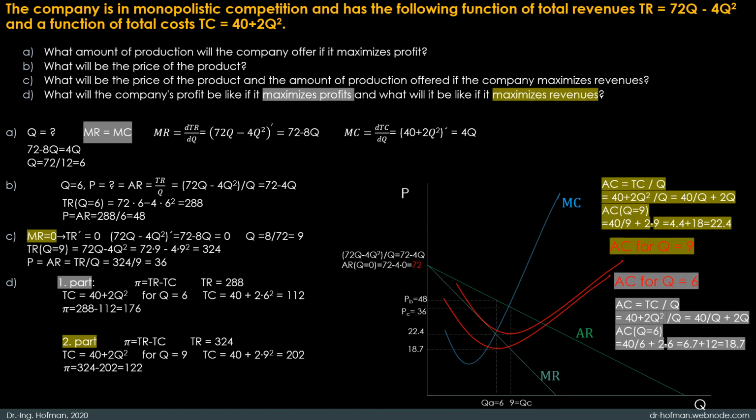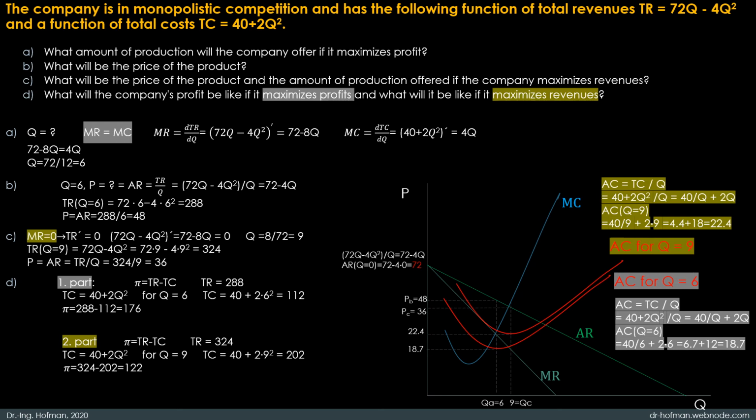The 22.4 reflects the situation where the company maximizes revenues. So I used the darker yellow color, and we calculated AC, average cost, equals TC over Q. TC was given, total cost, 40 plus 2Q squared.